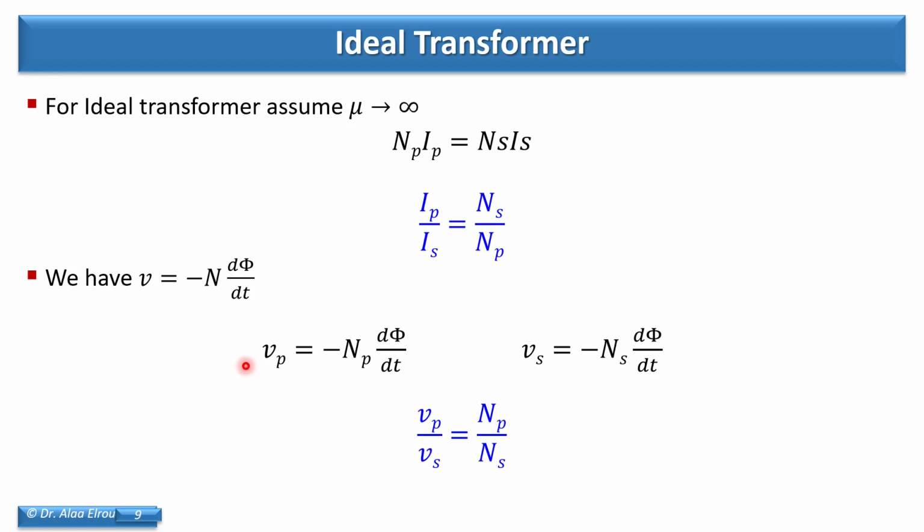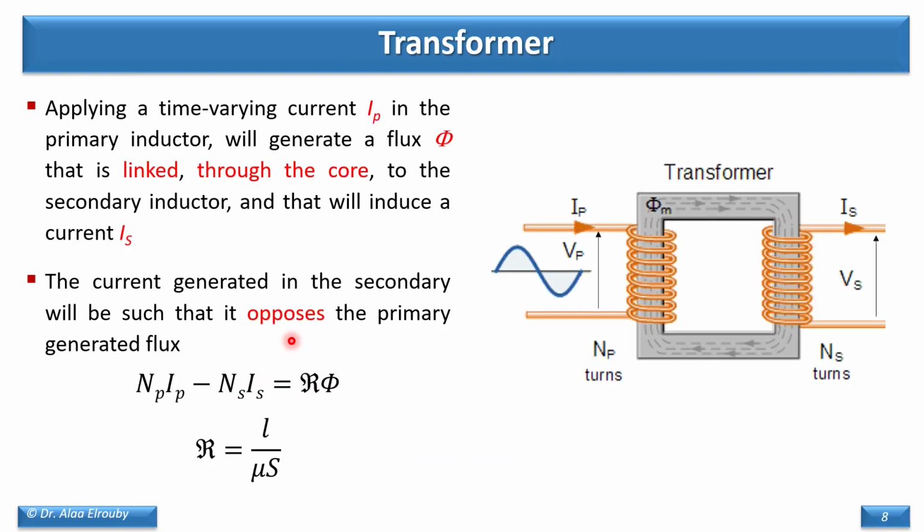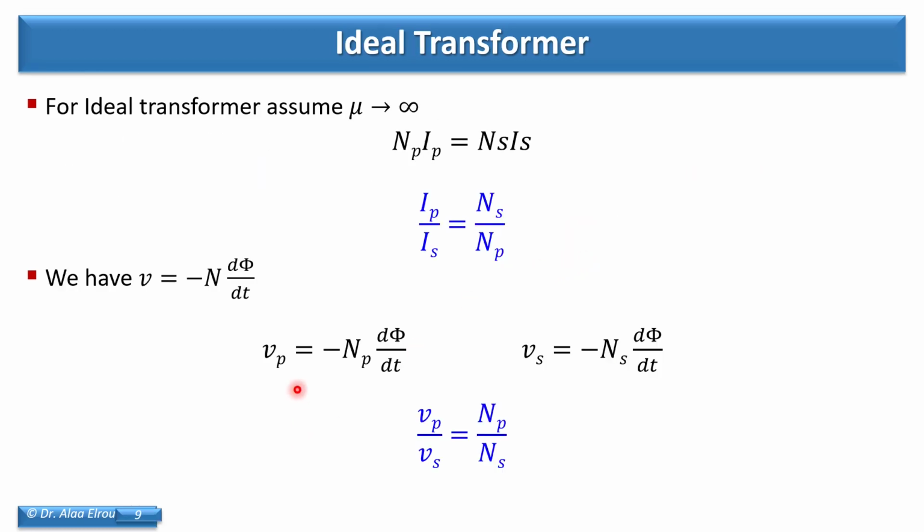So the primary potential, the voltage between the two terminals of the primary, equal minus N primary d phi by dt. Secondary is very similar but with N secondary, so that we can find the ratio between the primary voltage and secondary voltage, which is the same ratio as the primary number of turns divided by the secondary number of turns.